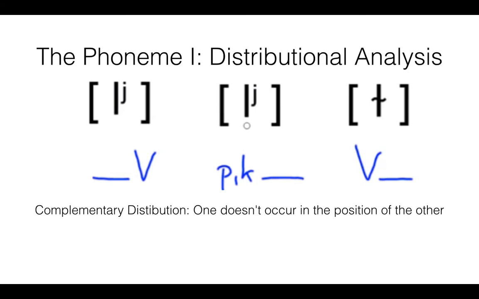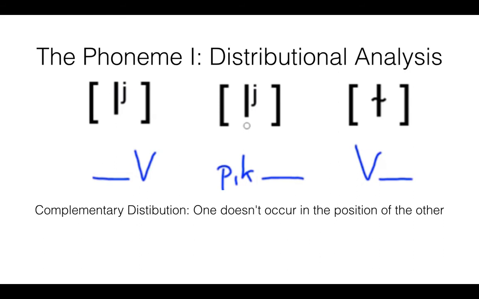Is complementary distribution clear? It's very easy. One doesn't occur in the position of the other. If you have something like this, these are different pronunciations of the same sound. But look at the words pole and poke. Pole and pause. K and l, they occur in the same position.